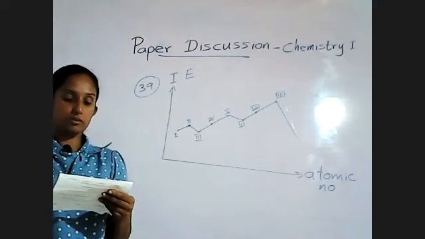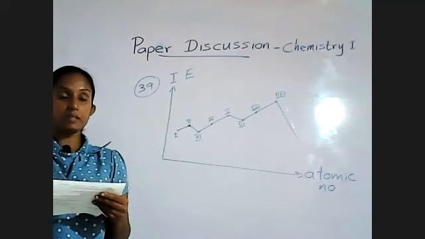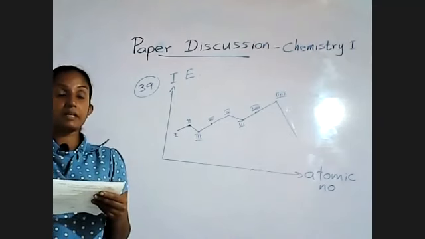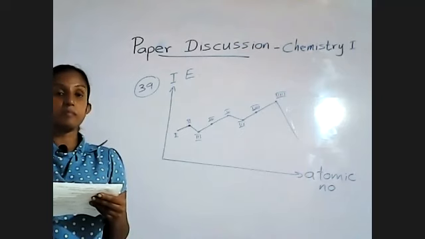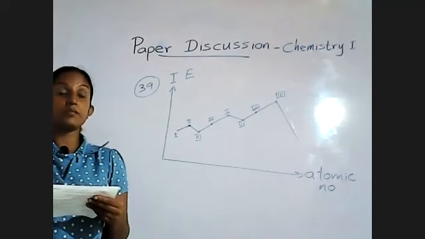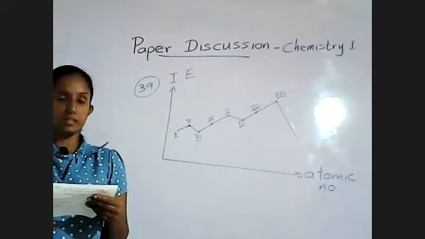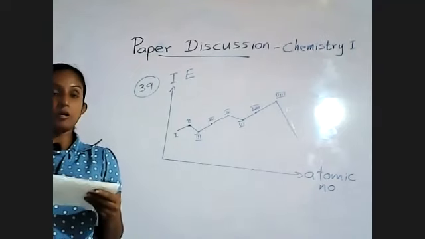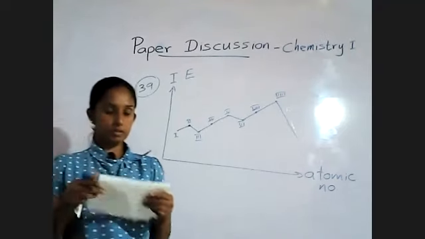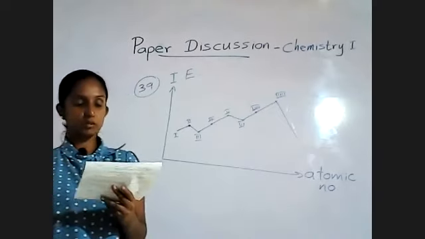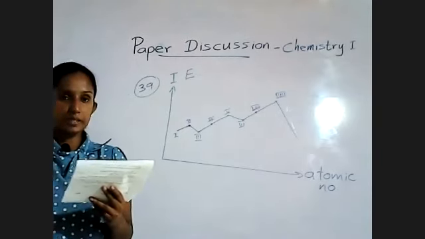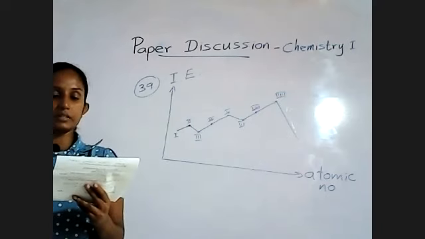And when magnesium reacts with steam, it forms magnesium oxide. All the equations are given in the book, so practice to write them. And aluminium, there are no reactions.